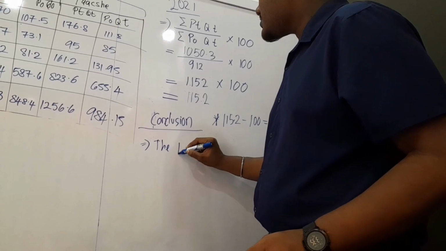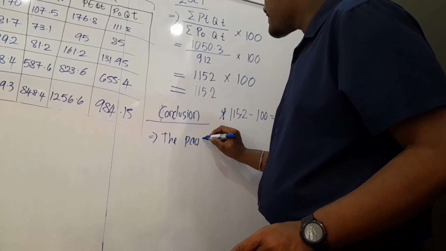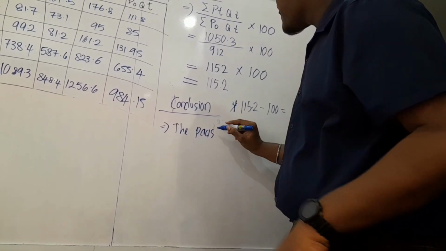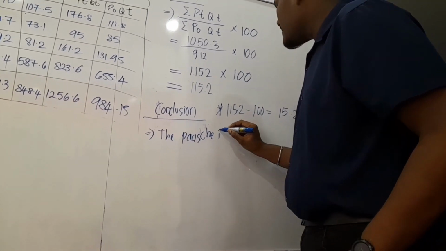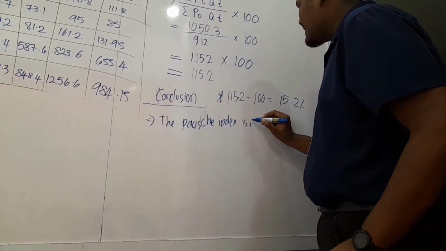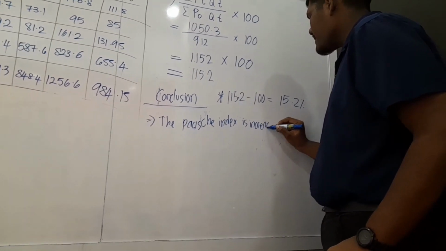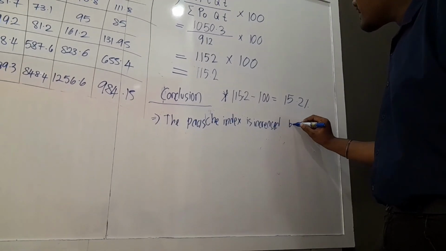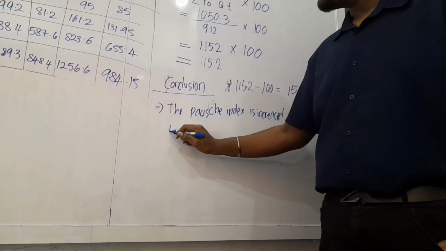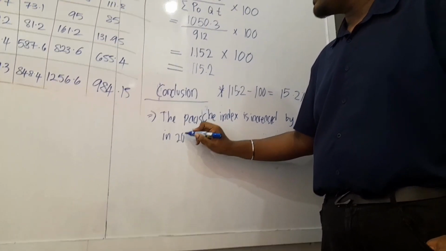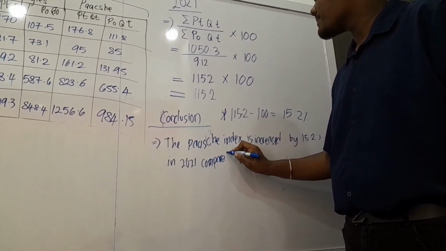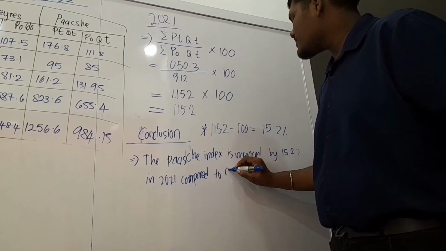The Paasche index is increased by 15.2% in 2021 compared to 2020.